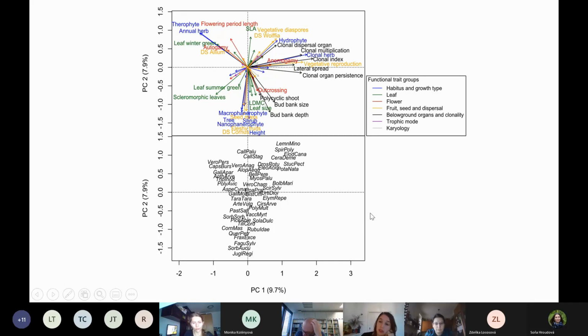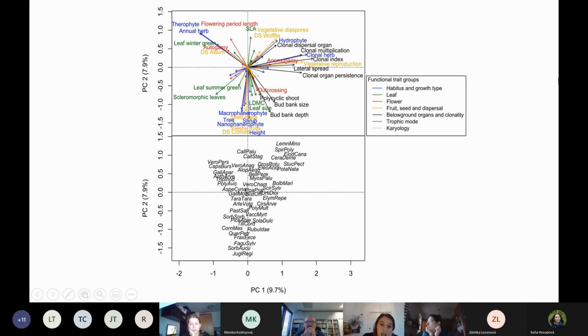And here I wanted to highlight first, in the first axis, it's separating mostly the annual herbs, which are not clonal, with clonal herbs. So here we have plenty of clonal traits, for example, clonal index, clonal multiplication, even vegetative reproduction.